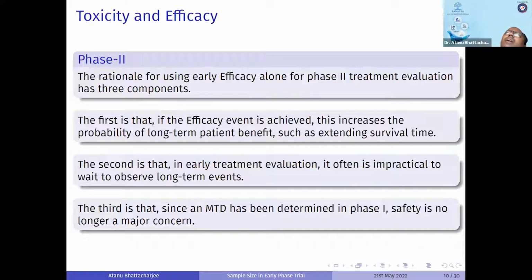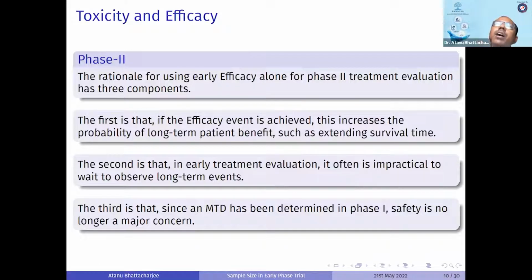So until now, what we understood is that phase 1 is basically about toxicity. Now phase 2 is concerned with efficacy. The primary challenge we face while conducting a phase 2 trial, and I'm talking about the oncology setup, is that it takes a long time to find the efficacy.